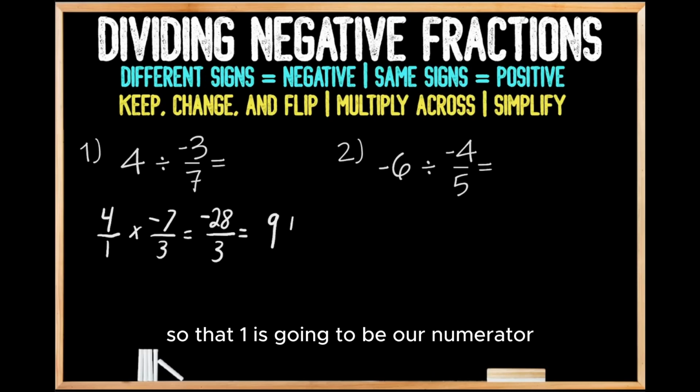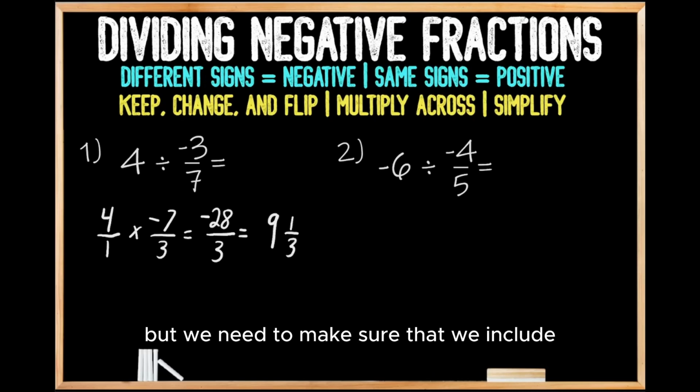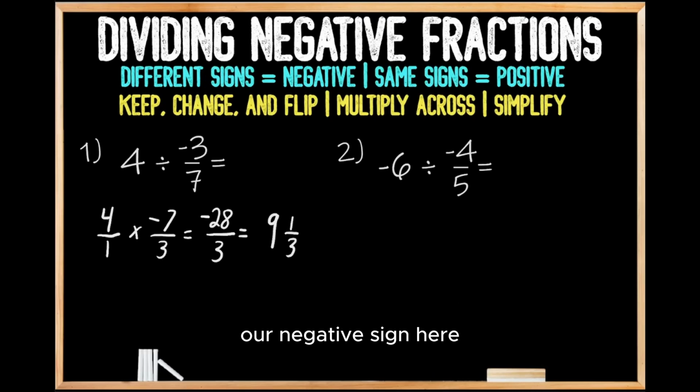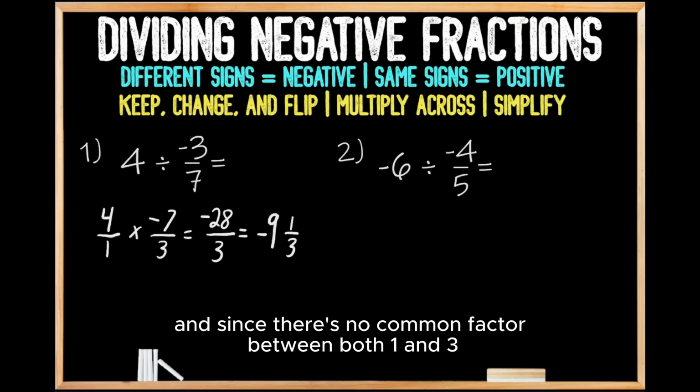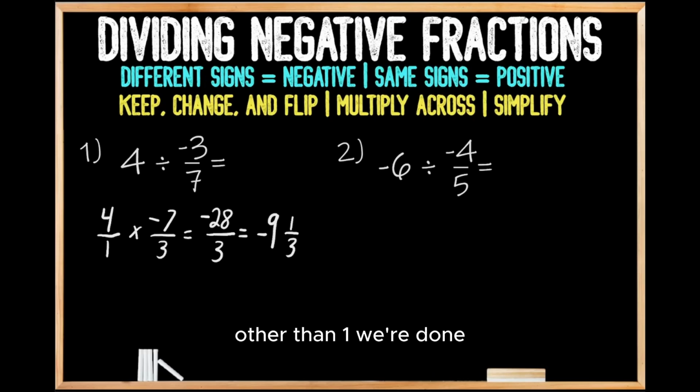So that 1 is going to be our numerator, and our denominator's value hasn't changed, it's still in thirds, but we need to make sure that we include our negative sign here, because originally the numerator was a negative. So we're going to put this negative sign right in front of the 9 here to show that this is negative 9 and 1/3.